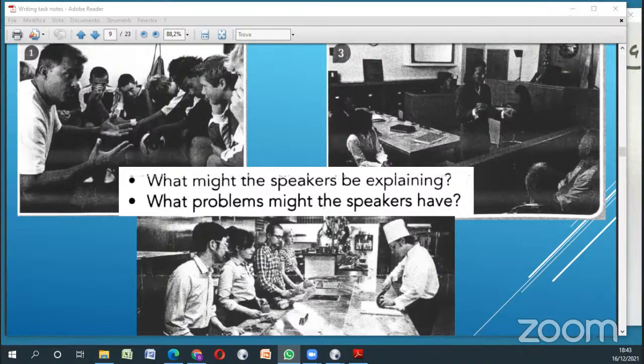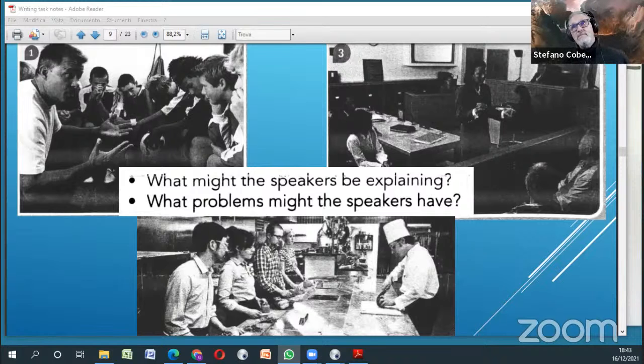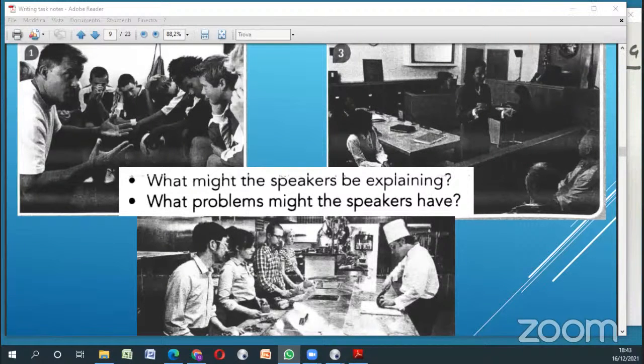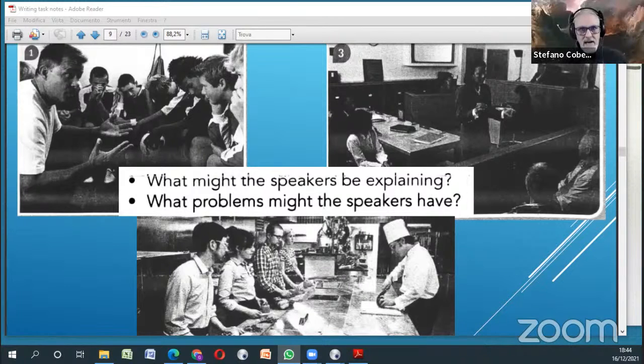She might be explaining the facts that can prove that a person could be guilty or innocent. For example, if she's defending her client, she should be explaining what happened and give reasons why she thinks her client is innocent, trying to convince all the jury about that.